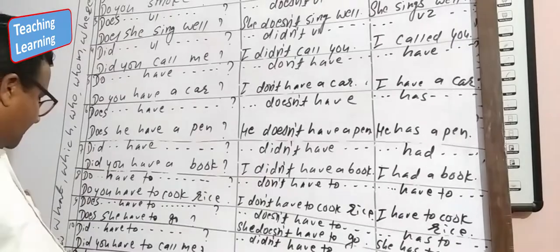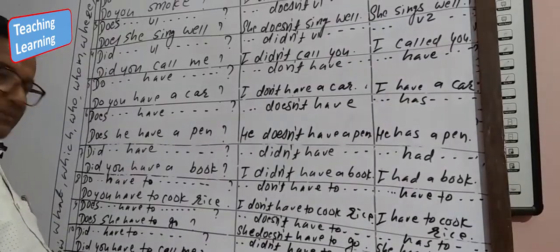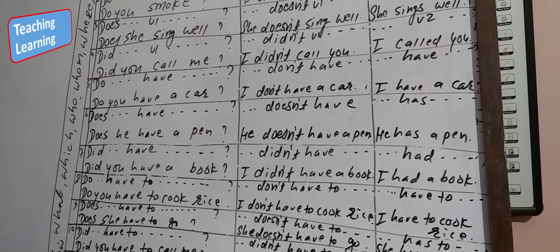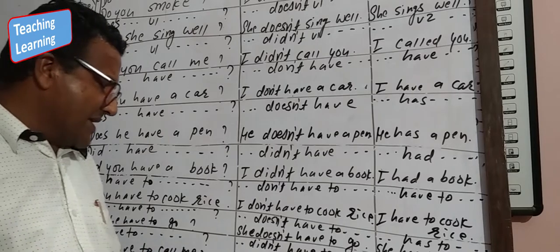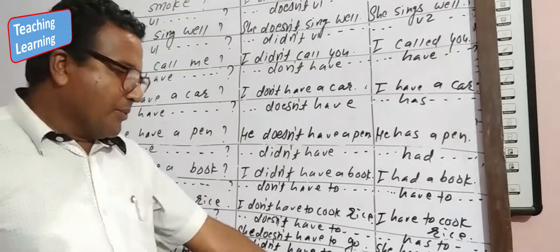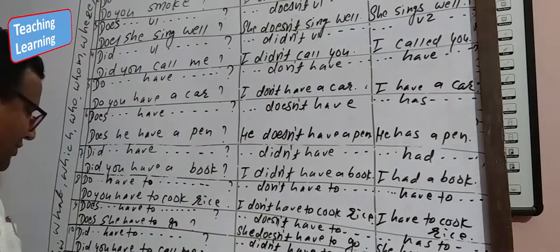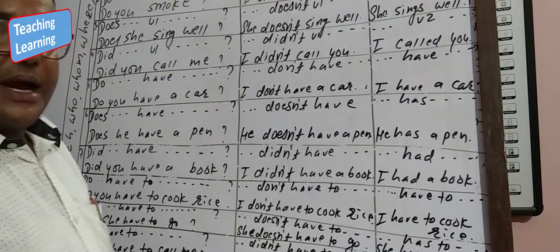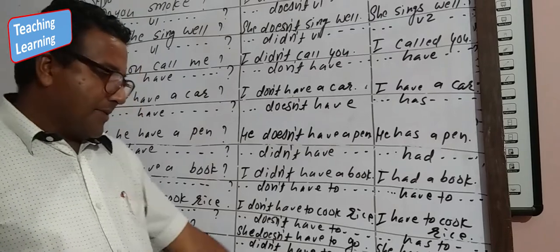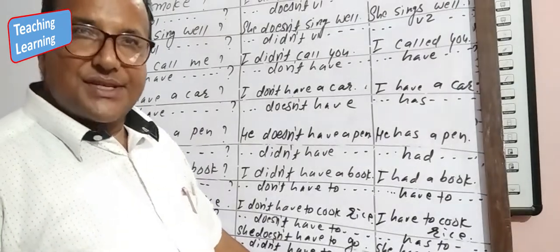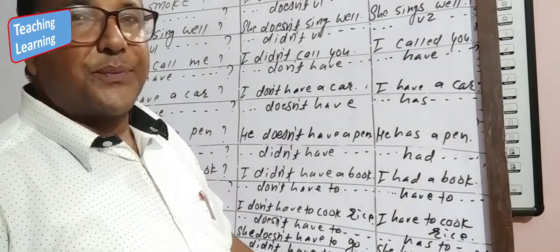Then, if the question has been asked using did at first and used to, the negative answer is didn't use to, and the positive answer is used to. Did you use to smoke? No, I didn't use to smoke. Yes, I used to smoke.